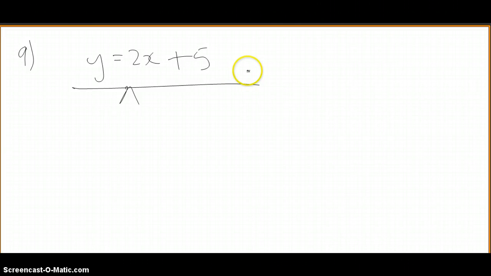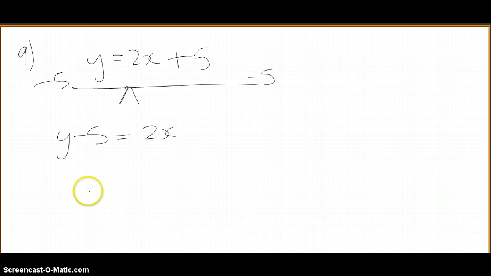So in other words, if the last thing to happen to x was 5 was added, the first thing you must do is take away 5 from both sides. Undoing plus, take away. So the new equation looks like this: y minus 5 equals 2x. I've just subtracted 5 from both sides, which is legit, and I end up with that new equation.